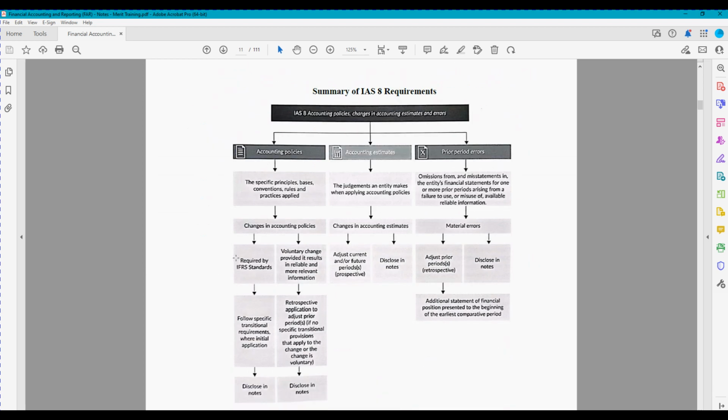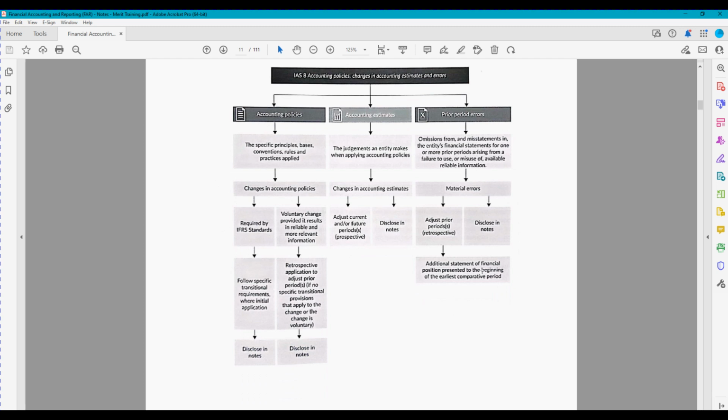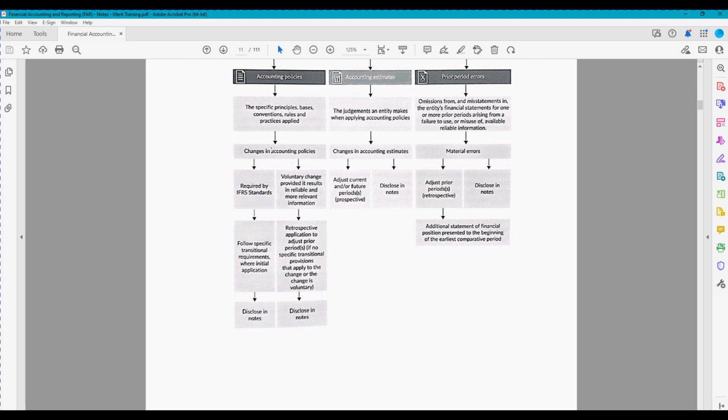So basically I've got a diagram here which tries to summarize all those things. The three things covered under IAS 8 are policies, estimates, and prior period errors, with a definition of what each of them are, and then what actions you need to take.